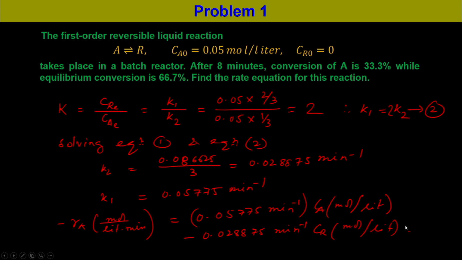So, this is the rate expression of the reversible first order reaction A to R, and this way we can solve the problem of the batch reactor data.